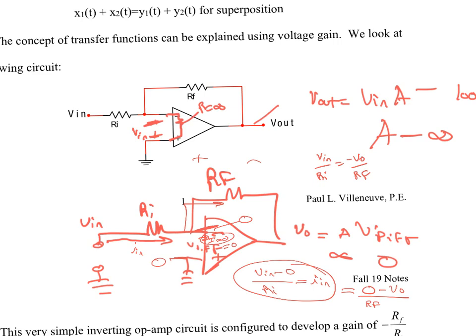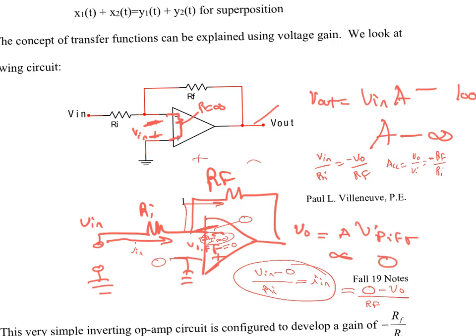So that tells me that the gain of my system, the closed loop gain, is going to be equal to V out over V in, which is equal to negative RF over Ri if you did the algebra. This is called an inverting op amp, right? Because it takes the input and inverts it because of the negative sign.